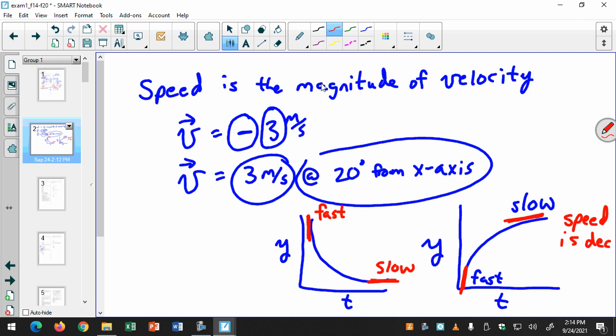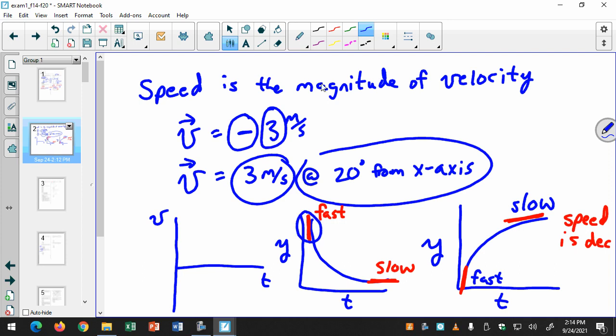In fact, I'm going to take this graph that I just did, the one in the middle, and graph the velocity versus time. I'll let you think about that for about 10 seconds. What does that graph look like? Well, think about, is this a positive or negative slope?